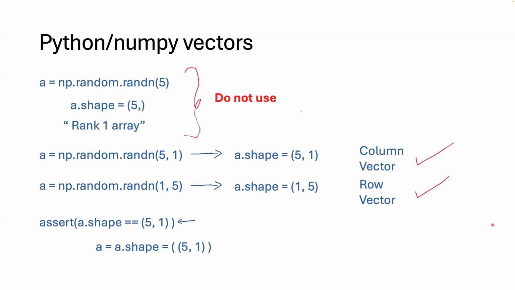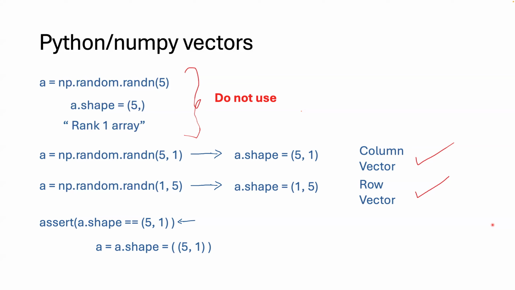So the takeaway is to simplify your code and not use rank one arrays, and always use either n by 1 matrices, basically column vectors, or 1 by n matrices, basically row vectors.